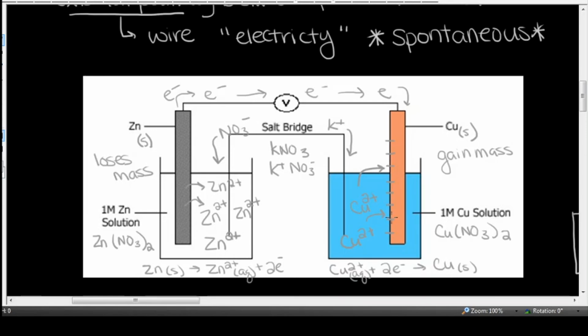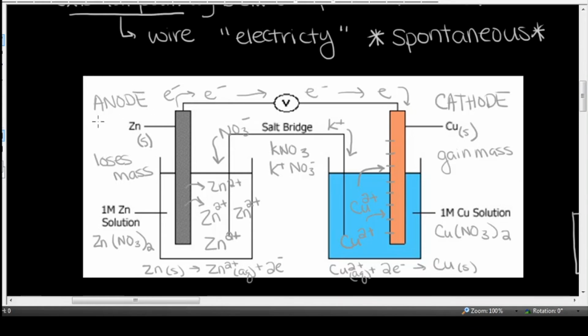Okay, now a couple more vocabulary terms on this electrochemical cell. The place where the reduction happens is called the cathode. So the copper electrode is called the cathode. And the place where the oxidation happens is called the anode.